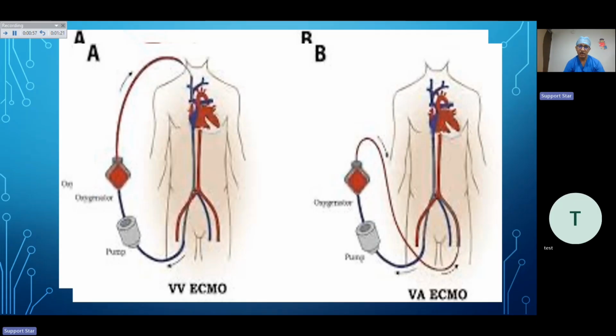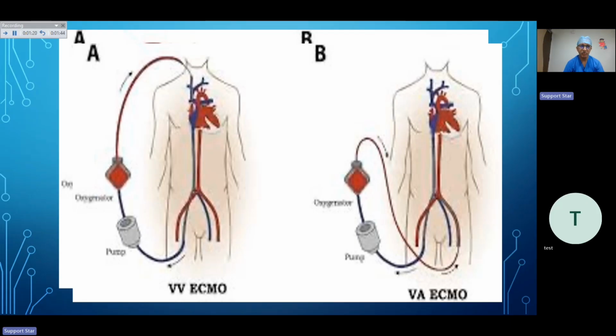If the child or neonate is not maintaining on this advanced oxygenation ventilation like HFO and nitric combination, then, sometimes even without using that, if the oxygenation index is increasing, we switch over to the mechanical circulatory support, which is VV ECMO or VA ECMO.